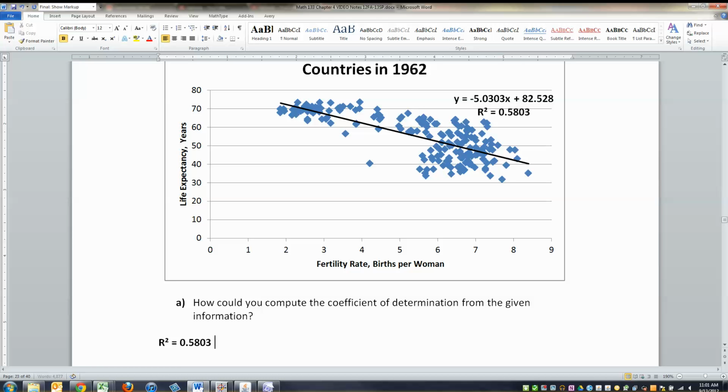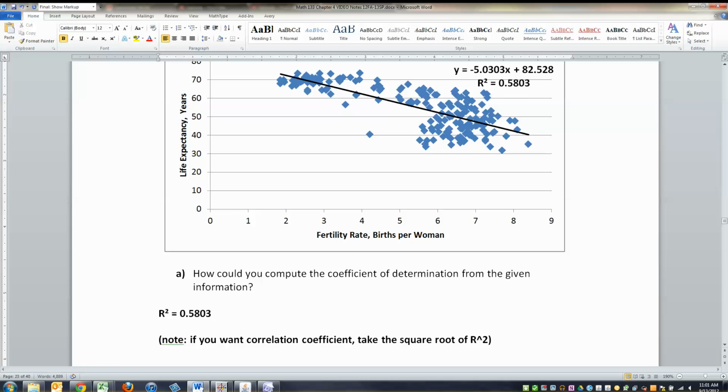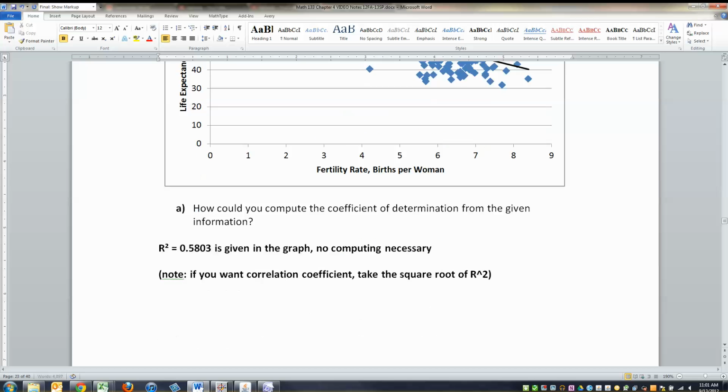So note, if you want the correlation coefficient, take the square root of r squared. Okay. It is given in the graph. No computing necessary.